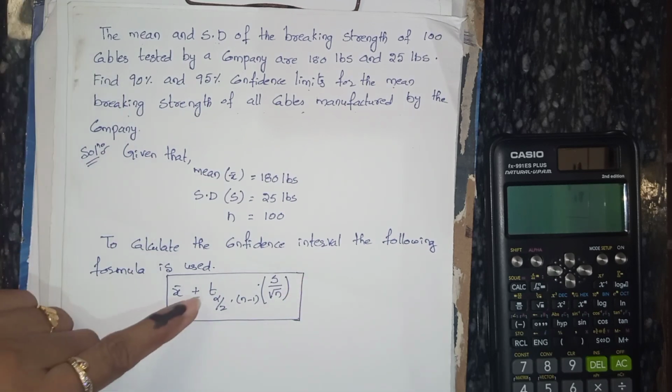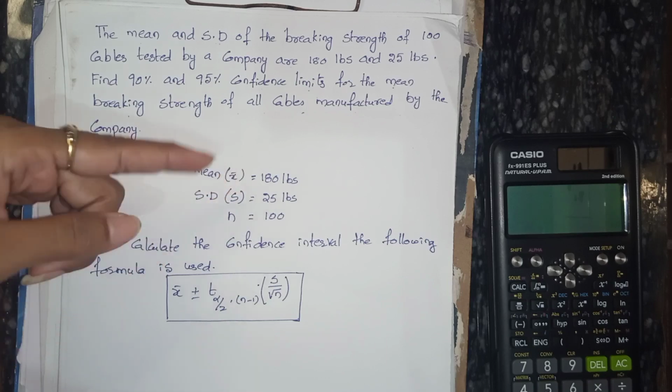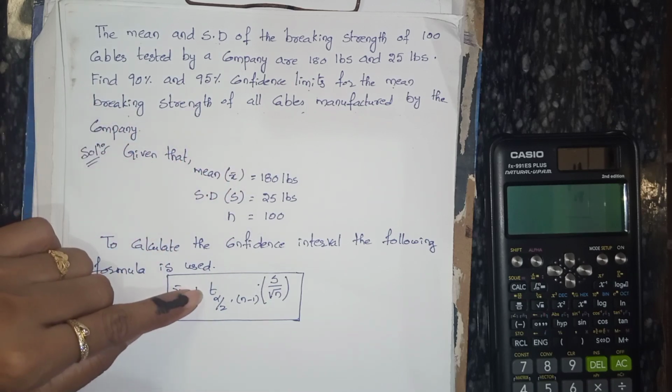Why do we have to use the T distribution here? Because whenever they give the sample mean and sample standard deviation, we have to use the T distribution.